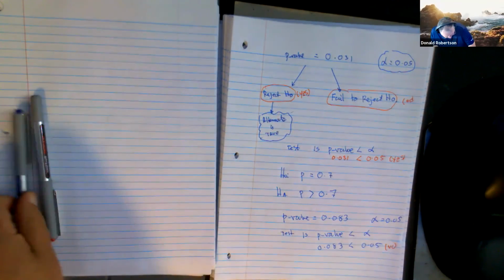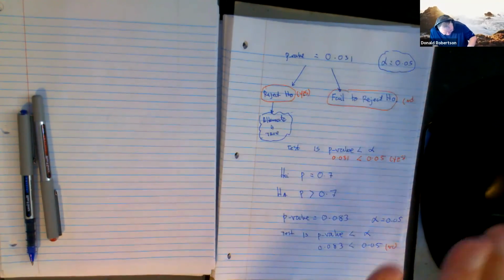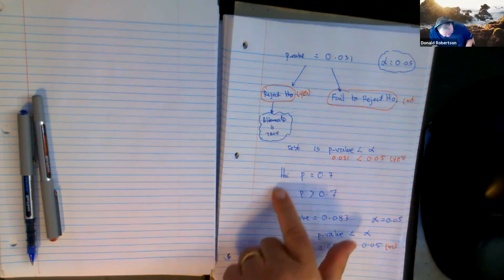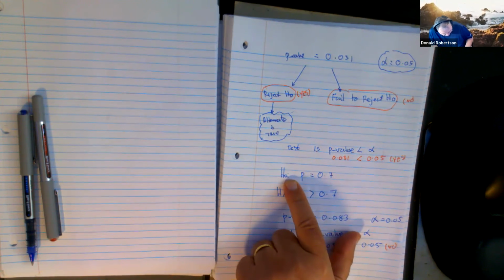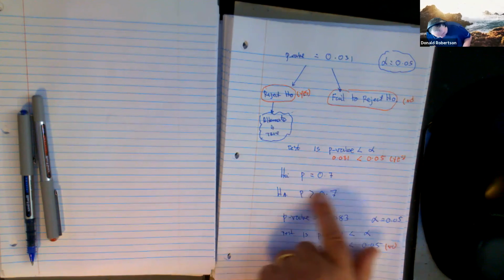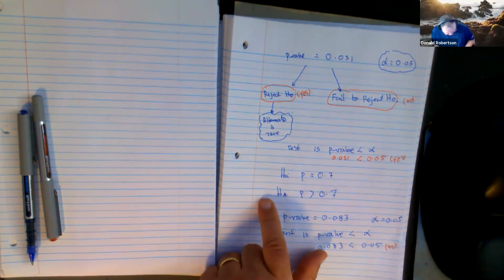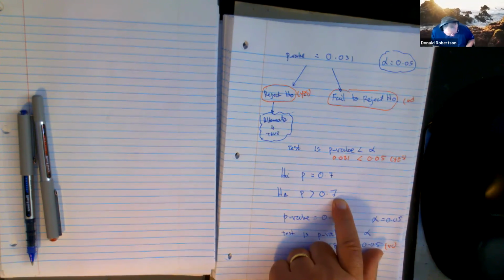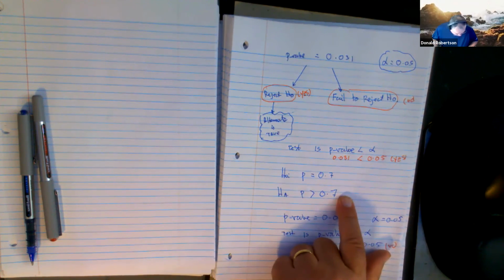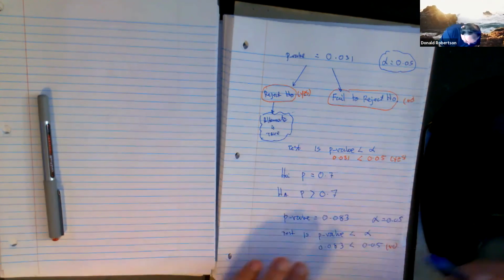And the p-value comes out of the software, and it doesn't matter if the hypothesis was, can we prove something's bigger than a number? Can we prove some proportion is less than a number? Can we propose that it's not equal to it?